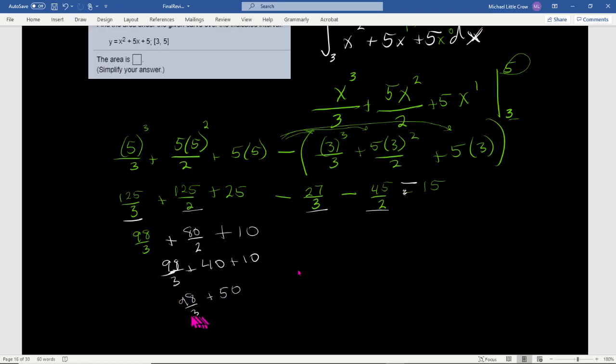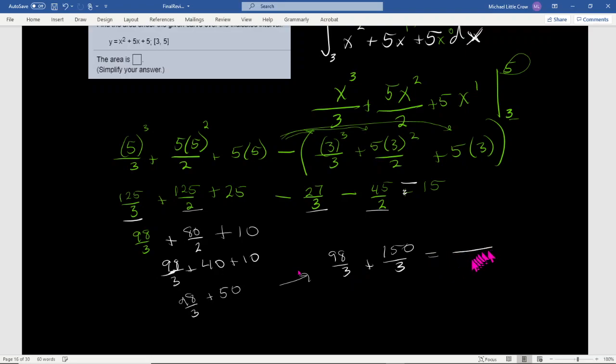I'm going to do it both ways. They might want the fraction, they don't say, so you could turn this into a decimal, but to get a common denominator, 50, we multiply by 3 over 3, so we get 150 over 3 plus 98 over 3.